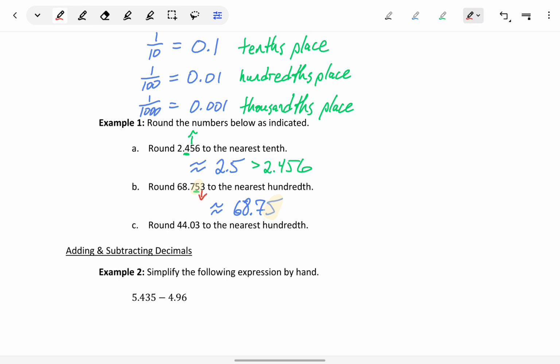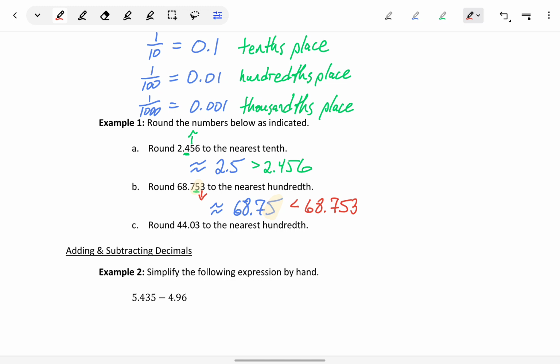And the resulting value, 68.75, is now less than 68.753. So when we round up, that digit that we're rounding to changes. It becomes one number larger. But when we round down, that number remains unchanged, and we just cut off any additional values past that. So in this case, we cut off the 3 on the end of that number.